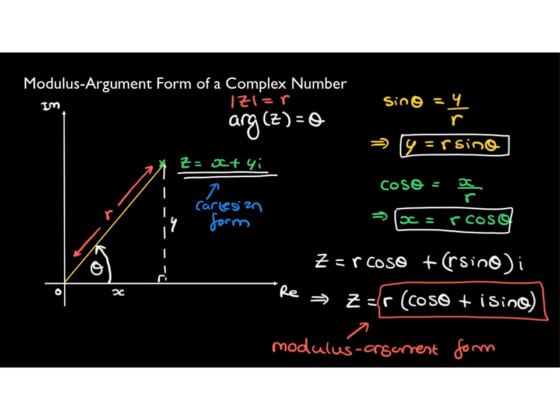As a little side note, the modulus argument form is sometimes also called the polar form of a complex number, and we would write z equals brackets r theta.